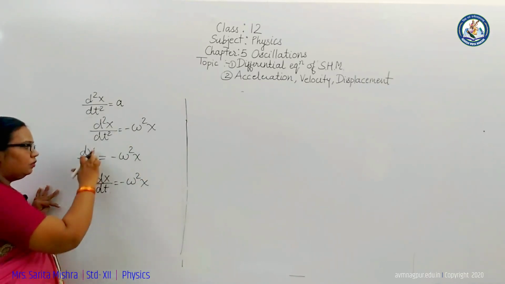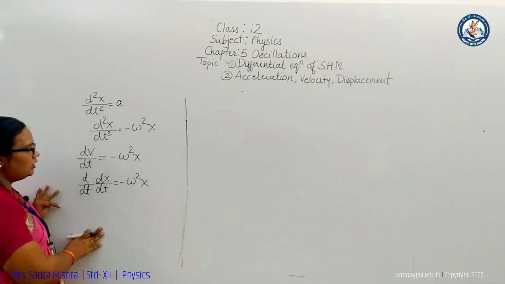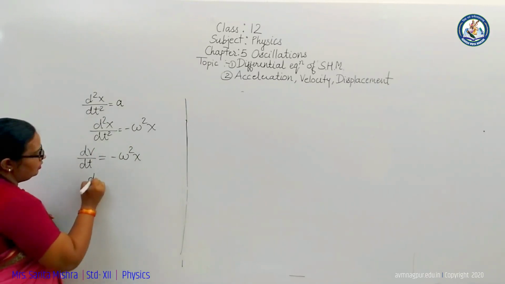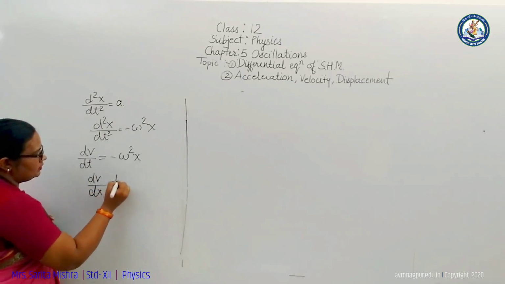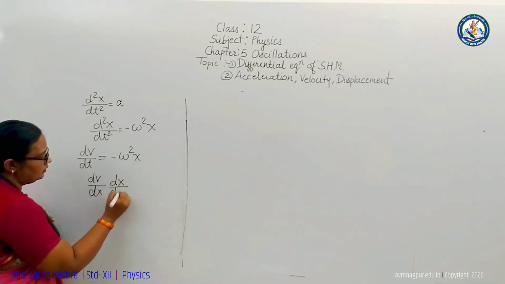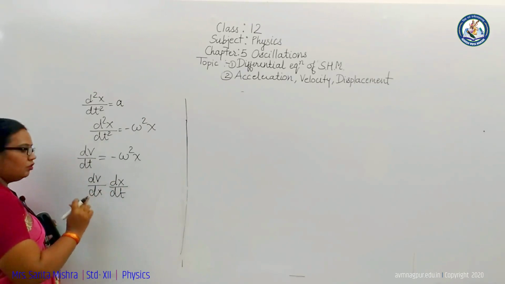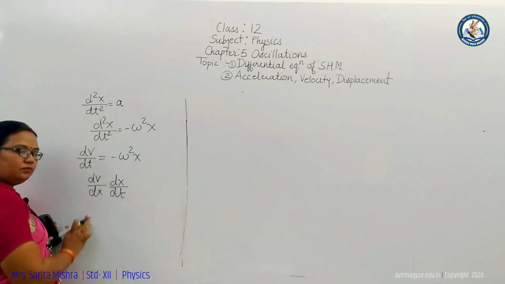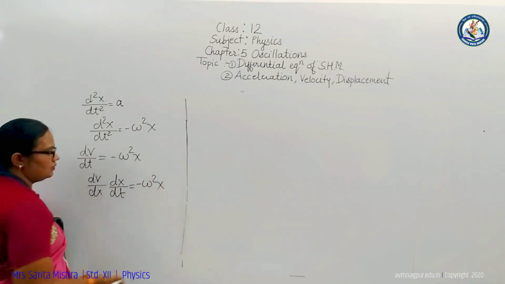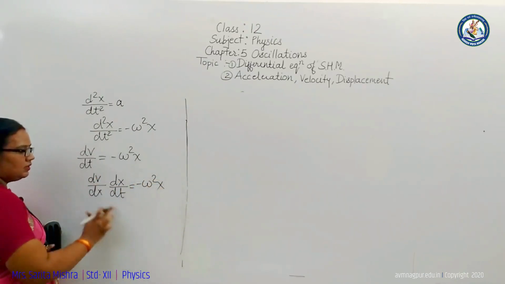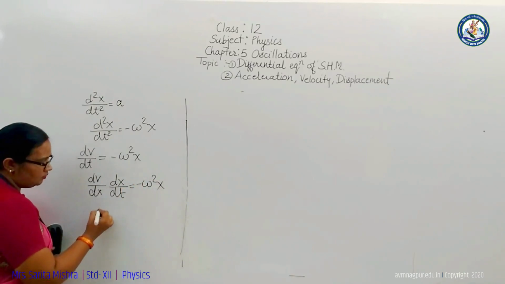And now we are going to derive the expression for the velocity. Here we have dv/dx times dx/dt equals minus omega square x. We multiply as well as divide with dx, and here dx/dt is actually v.